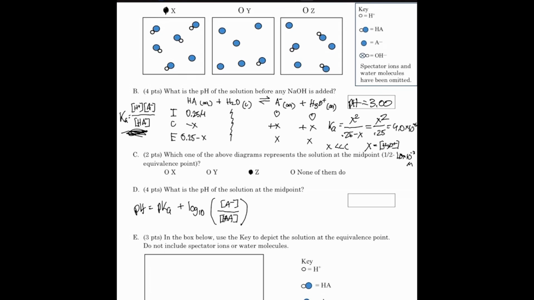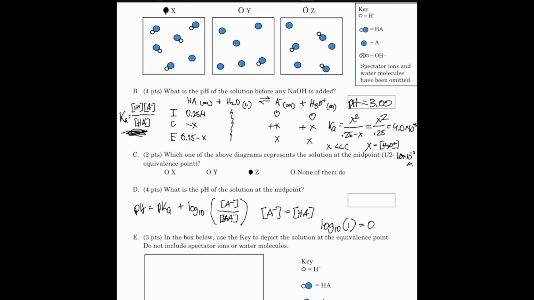And because we're at 1/2 equivalence, the concentration of your anion and the concentration of your starting acid are equivalent, which means that your log base 10 turns into the log base 10 of 1, which is 0.